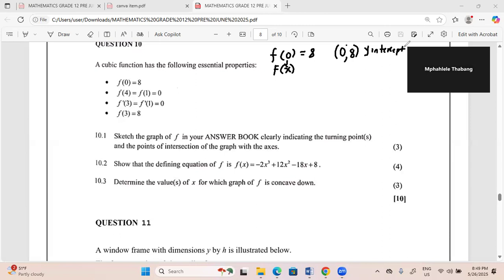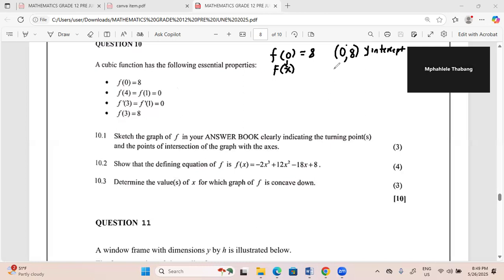Whenever the x coordinate is 0, we know that we are talking about the y-intercept. The function f cuts the y-axis where y is 8. So (0, 8) represents the coordinates of the y-intercept.